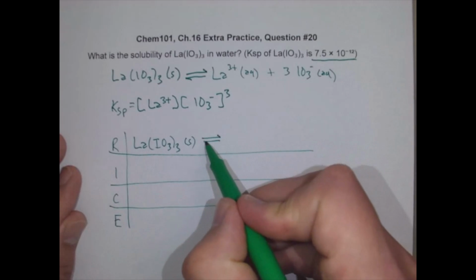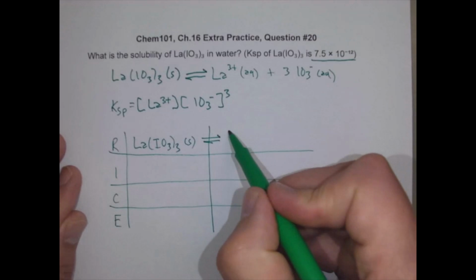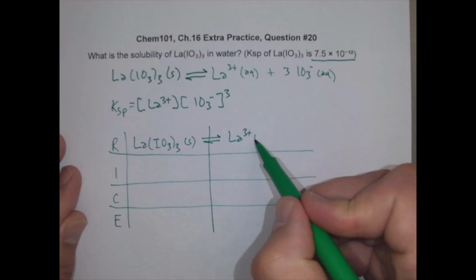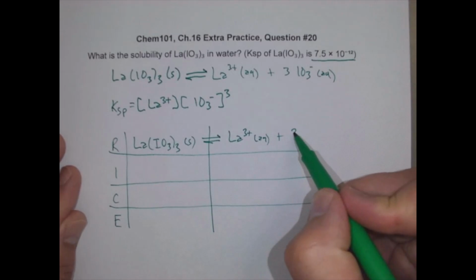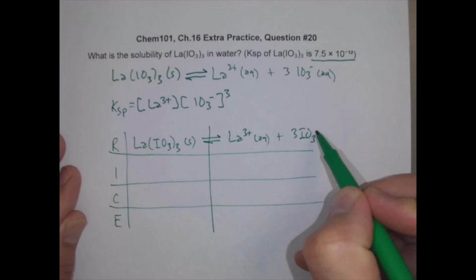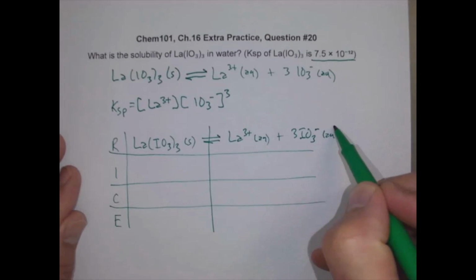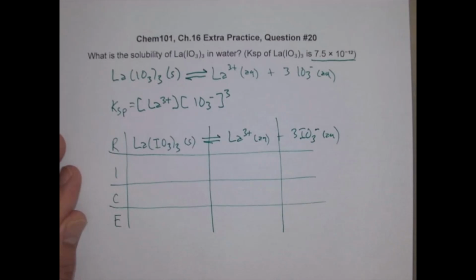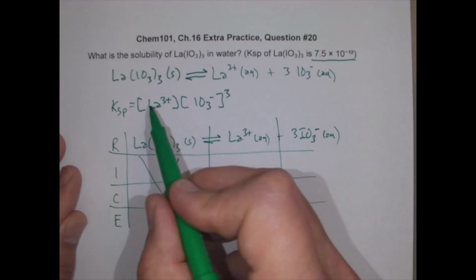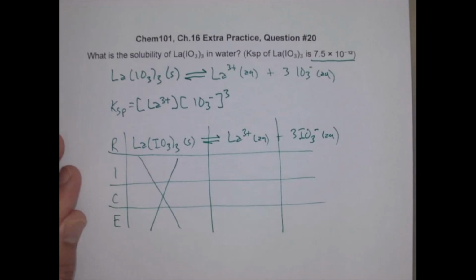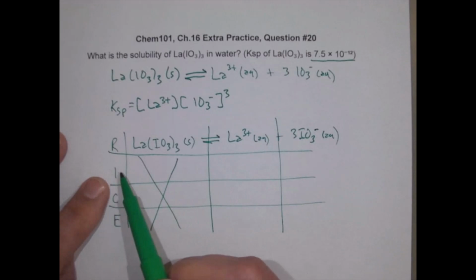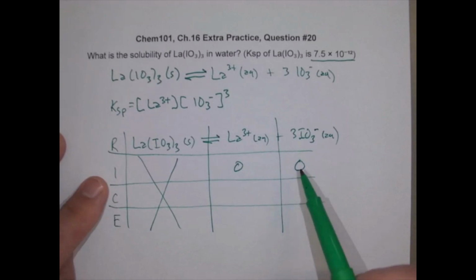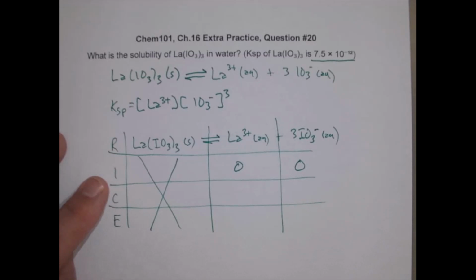So that salt dissolves in a reversible way to form the component ions. Okay, and these two get a column. And I'm not going to do anything with the column for the pure solid because it doesn't show up in the expression for KSP. And then initially, the initial conditions would be 0 and 0 because we're going to assume that it's that moment in time before anything dissolves.